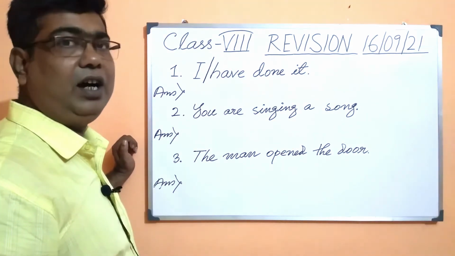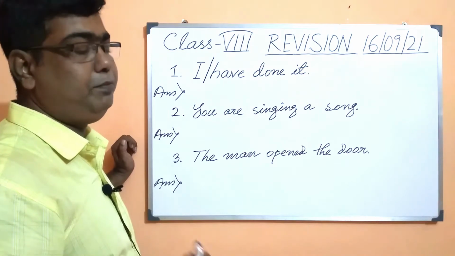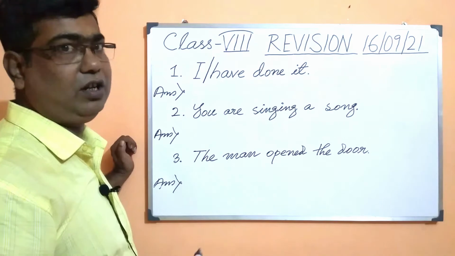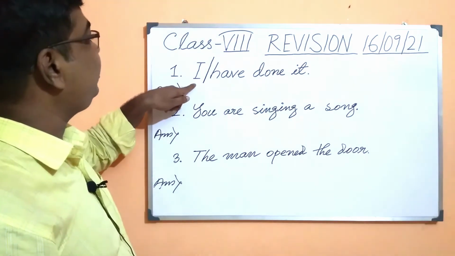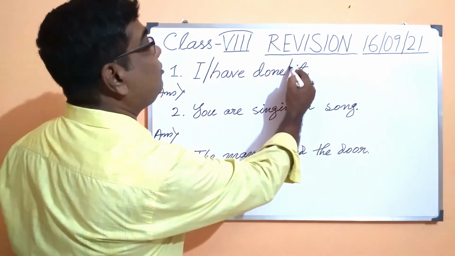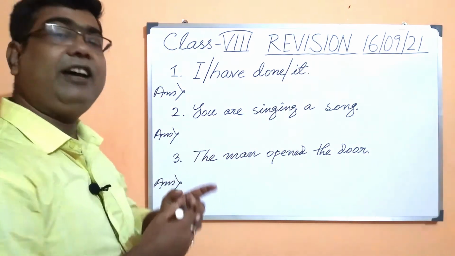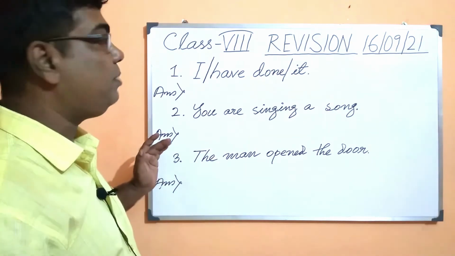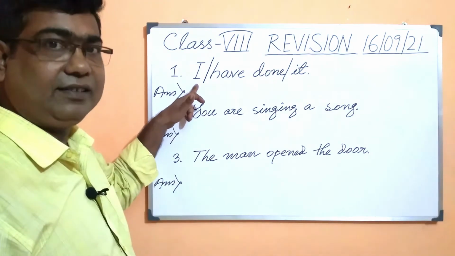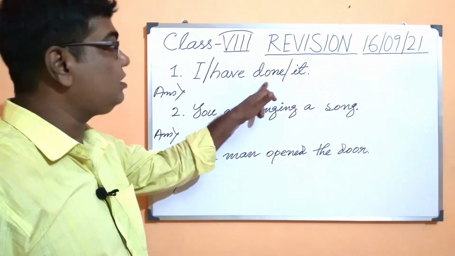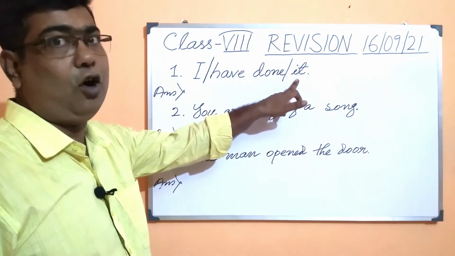As we all know, a simple sentence begins with a subject and it is either a noun or a pronoun. So here we have the subject I. This one is the verbal portion. I have put an oblique to mark the different parts. So I is the subject, have done is the verbal part and it is the object.